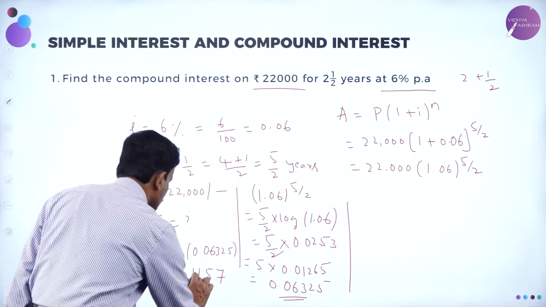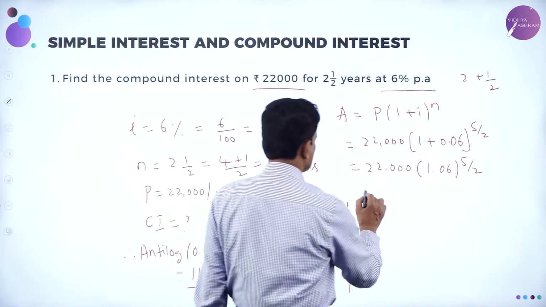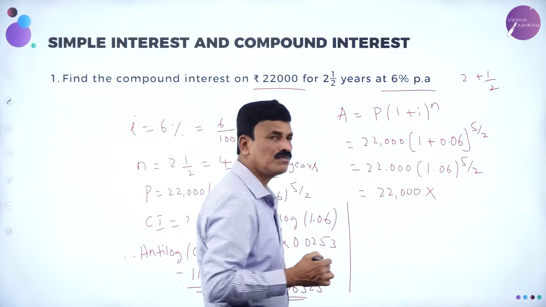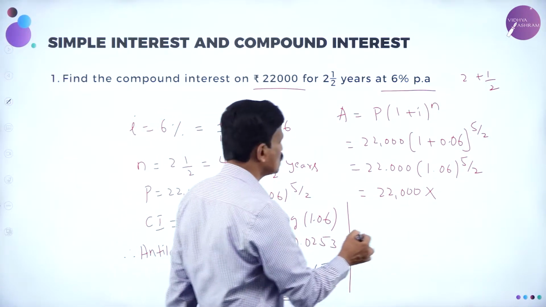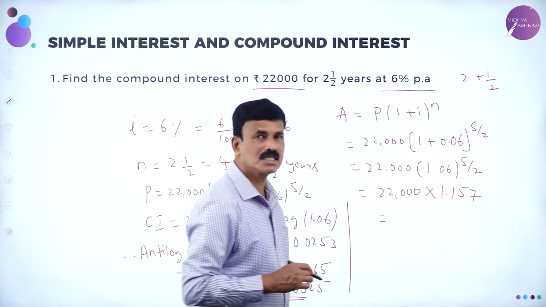Since 0 is the characteristic, 1 digit, so 1.157. So this is equal to 22,000 into the simplified answer for 1.06 to the power of 5 by 2, which is 1.157.